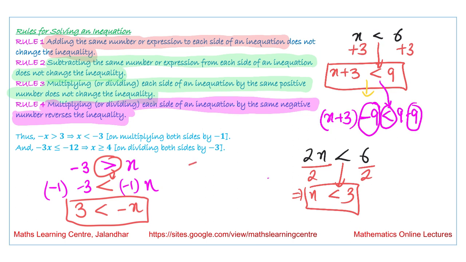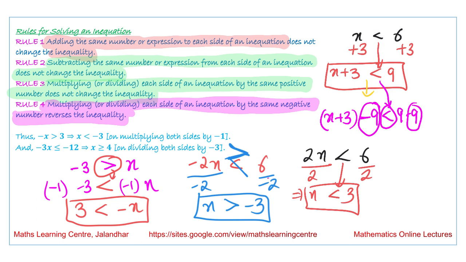Similarly, suppose I have minus 2x is less than 6 and I am dividing both sides by minus 2, then this sign will be reversed, this will become a greater than sign. The answer we get is x is greater than minus 3.